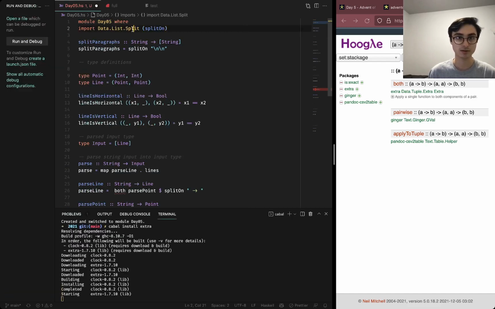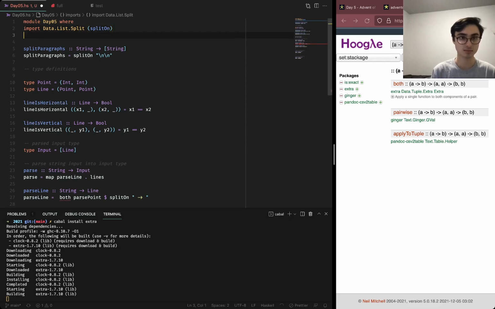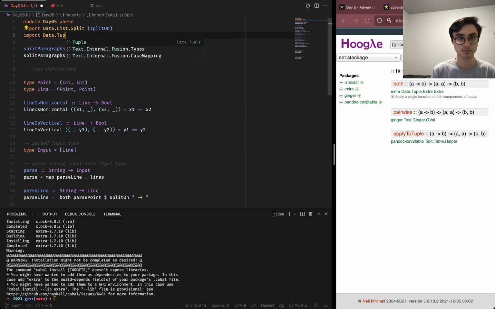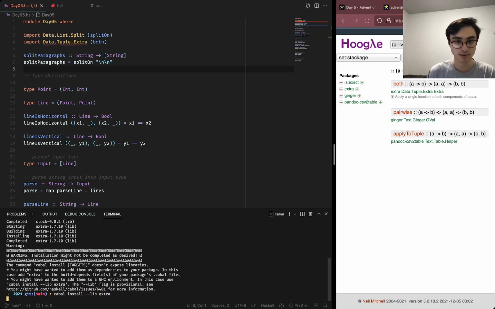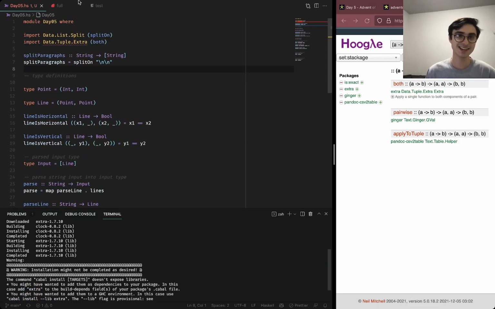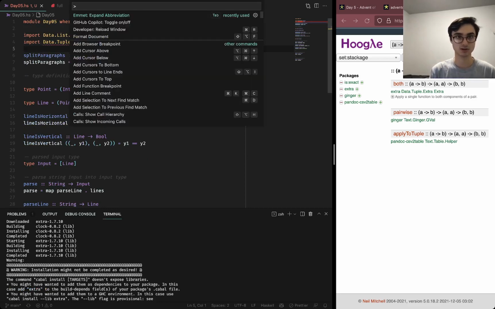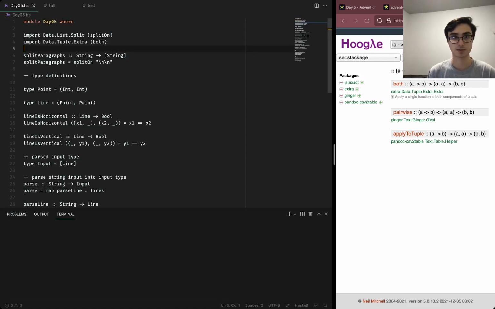Oops. Oh, I always do that. I'll install lib extra. Okay. And this is like a VS Code problem, so I'm just gonna restart the window, reload, and that will solve that problem.